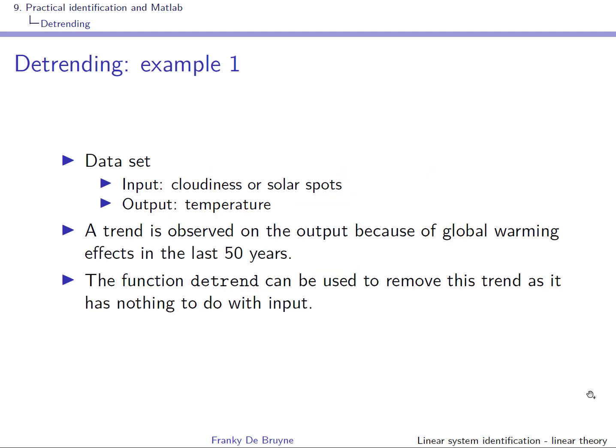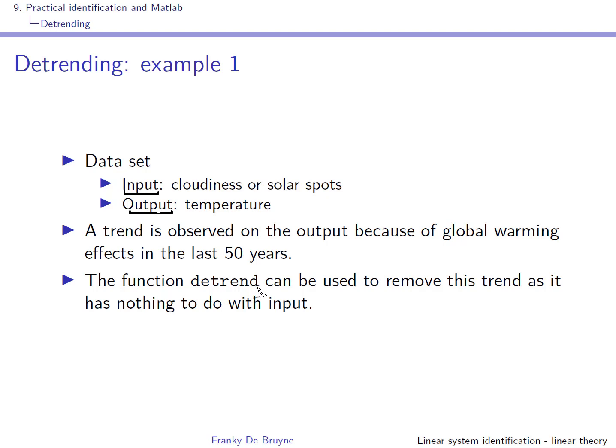So a good example to explain detrending is the following. Assume that you have a data set where the input is, for instance, cloudiness or solar spots that you have on the sun, and the output is the average temperature on Earth. Well, if you would look at the output temperature, you would observe a trend, and this is because of the global warming effects of the last 50 years. And of course this trend has nothing to do with the input, which is cloudiness or the number of solar spots on the sun.